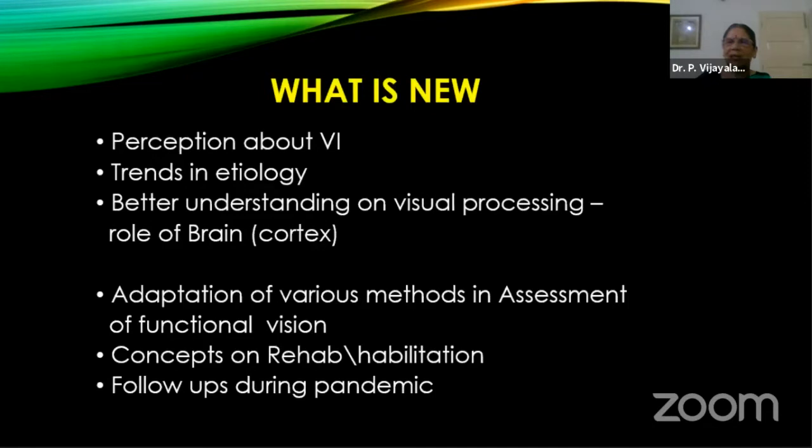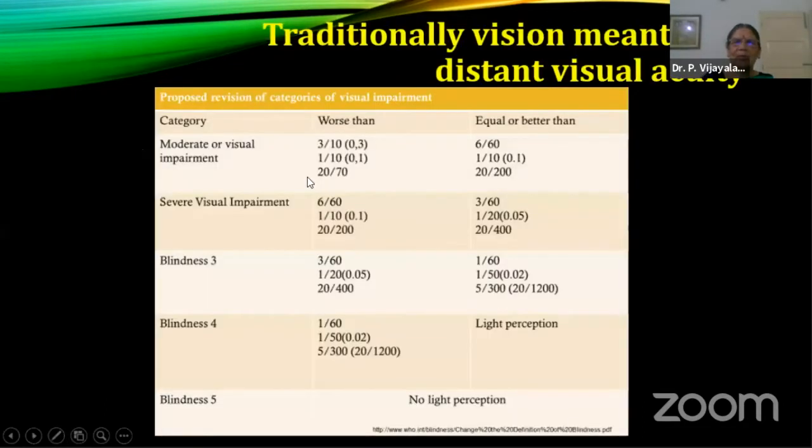Invariably, they have other associated disabilities also. With that assessment, whatever problems we found, we were able to devise an innovative program appropriate to the problems the child has. And lastly, I will end with what we are doing during this pandemic.